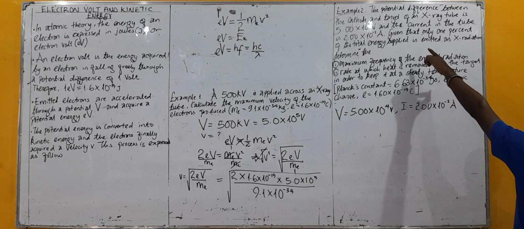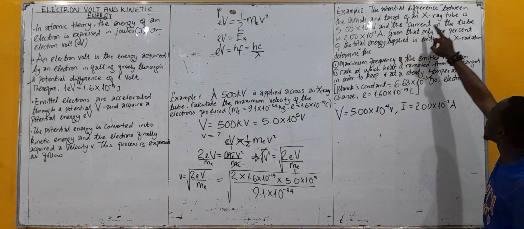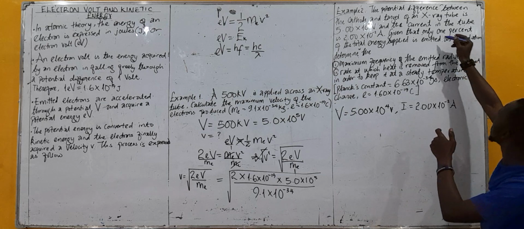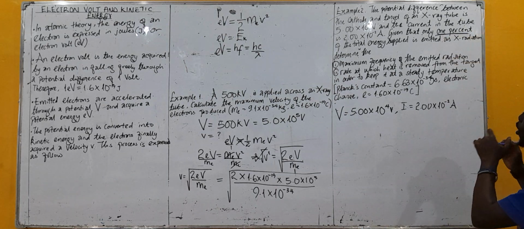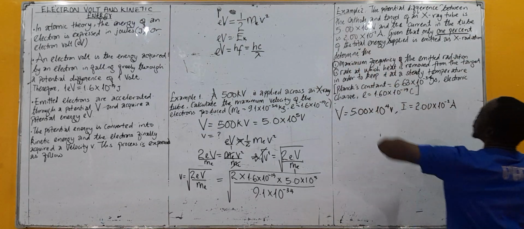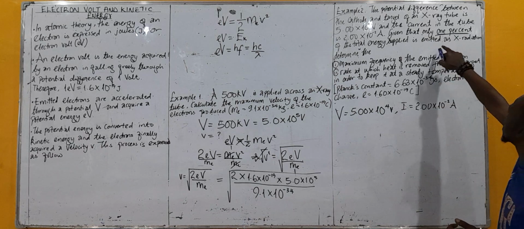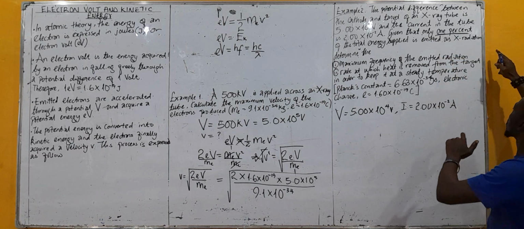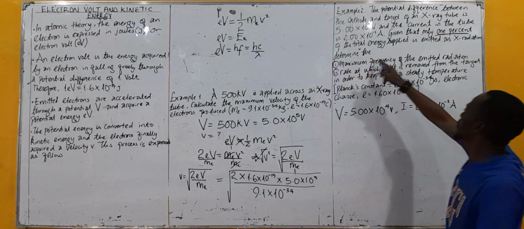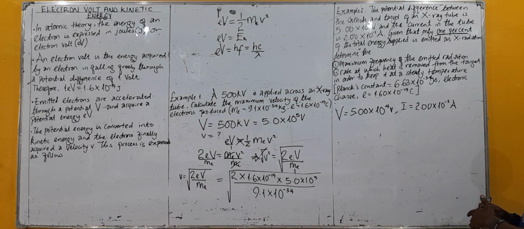Given that, listen, given that only 1%, please take note of this, of the total energy supply is emitted as X radiation, determine the maximum frequency of the emitted radiation.